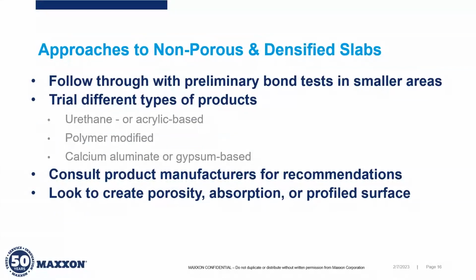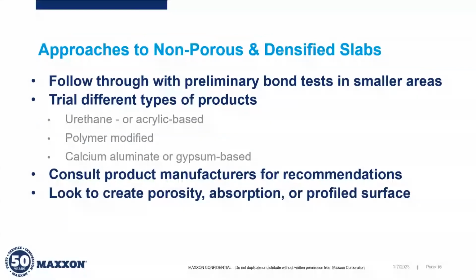The first thing we want to try is to follow through with some bond tests with the adhesive that's normally used for whatever floor covering is going to be applied. Might not be a bad idea to trial some small tests in different areas across that space. Make sure we're getting a good bond.